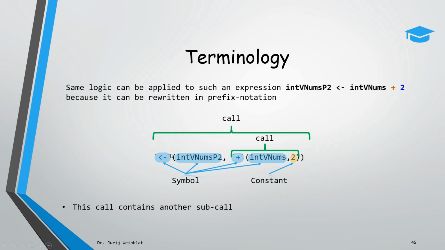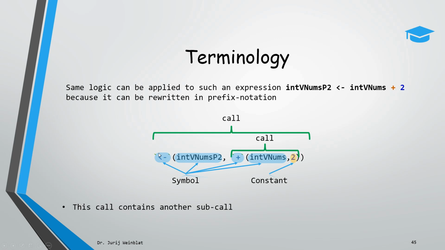So the function is no longer sum as in the previous example, it's this assignment operator. And because it makes use of special characters, you have to use these ticks. This is the rule in R.